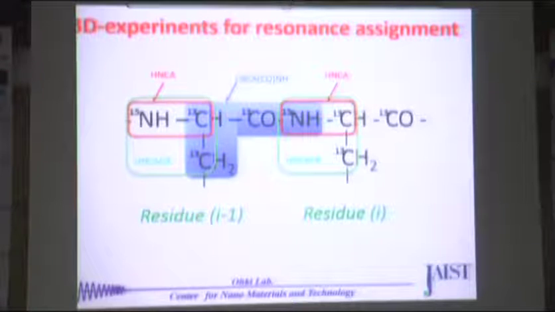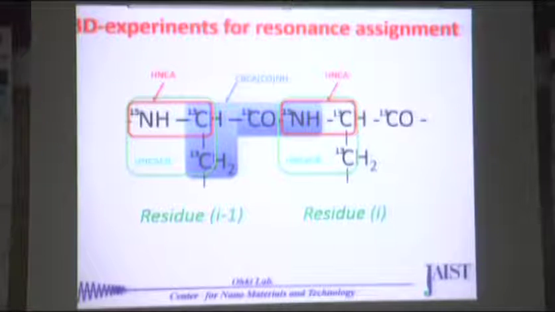The combination of three-dimensional NMR experiments gives you the whole correlation in the protein structure. HNCA gives you correlation among this group, and CBCA(CO)NH and HNCACB here and here. Overlapping is observed, so just combine all data to analyze.